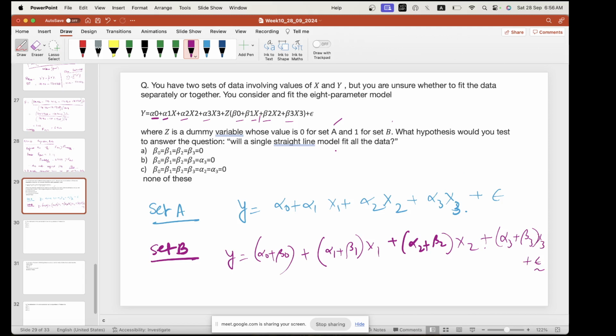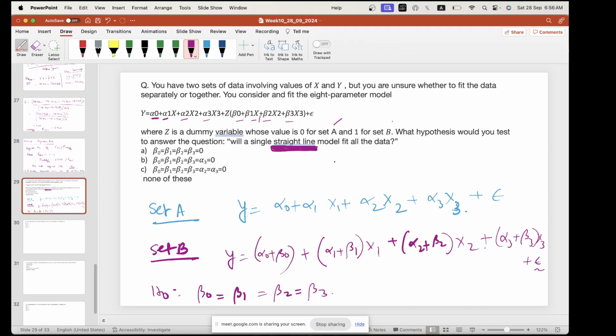So to test whether a single straight line is going to model all data or not, we have to test beta naught equal to beta 1 equal to beta 2 equal to beta 3, and here we have to focus on a straight line.